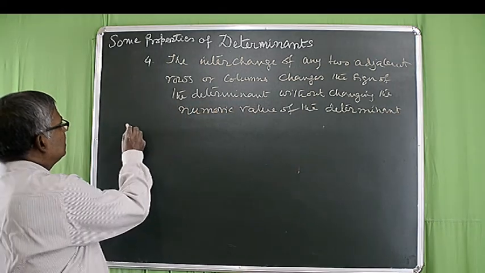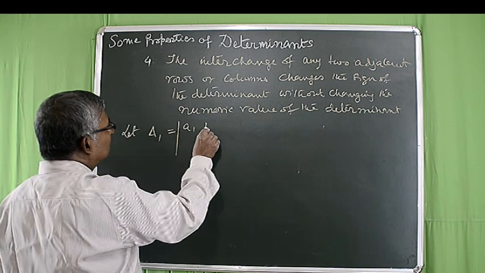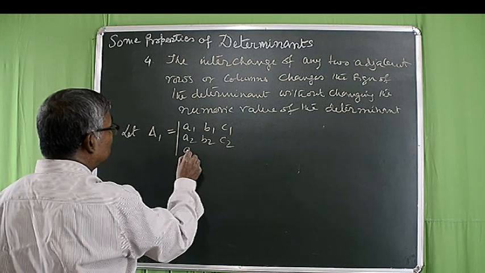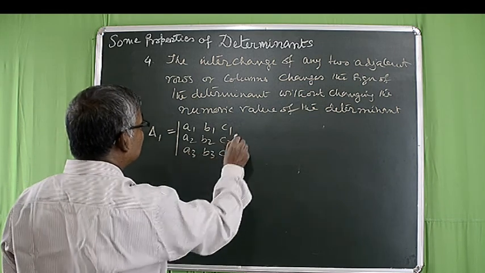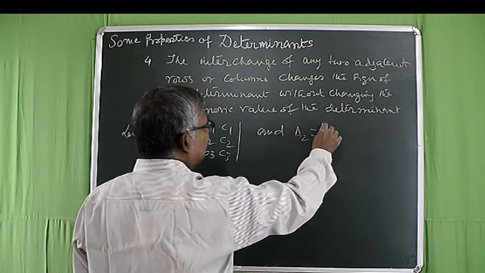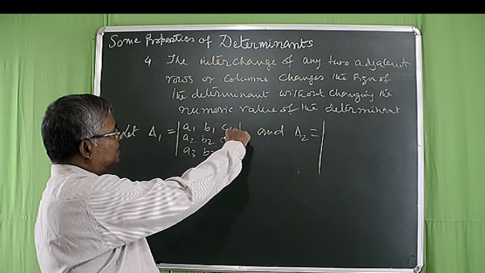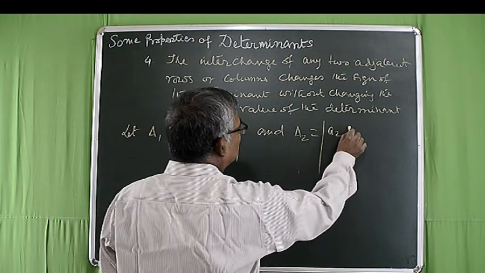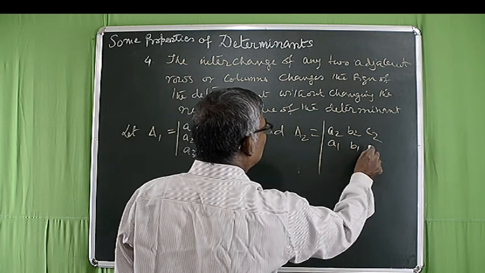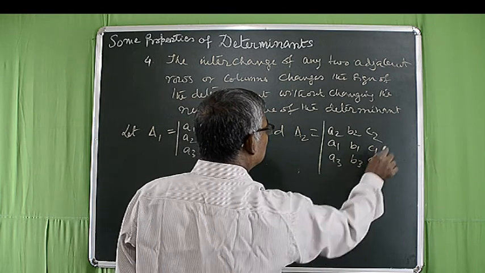Students, let del 1 be a determinant a1, b1, c1, a2, b2, c2, a3, b3, c3, and del 2 be another determinant whose elements, two rows are interchanged, that is a2, b2, c2, a1, b1, c1, a3, b3, c3.